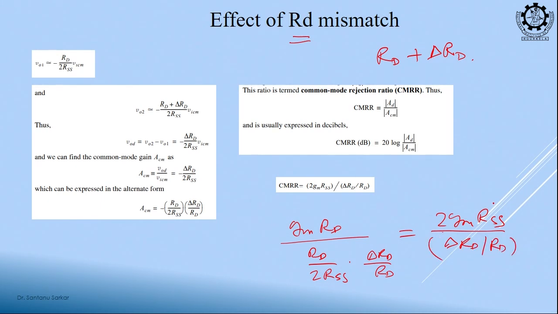So, you see this twice GM is large, RSS is large, and you are multiplying with 2 again. So, this CMRR is generally very high. In simple terms, remember that common mode gain is 0, so CMRR should ideally be very high. In reality, because of this mismatch, there is a small common mode gain, and we can recalculate this CMRR, which is still very high.